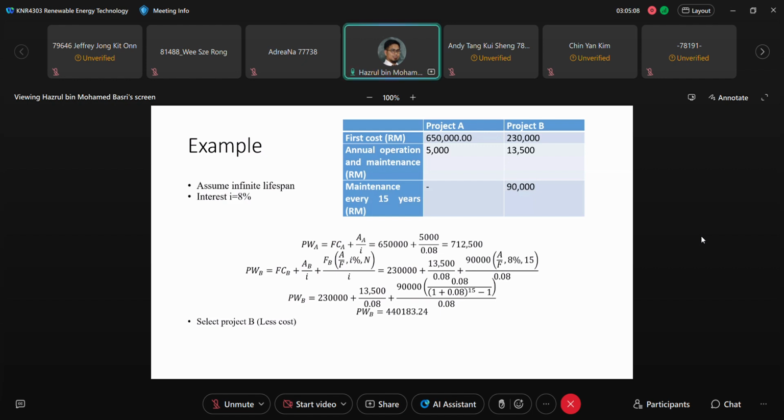Okay, let's continue. Let's move on to example number 4 or 5. I lost track of the numbers already, so I guess this one is example number 5. Again, engineering economics is about making decisions on which project will have less cost and give us profit.